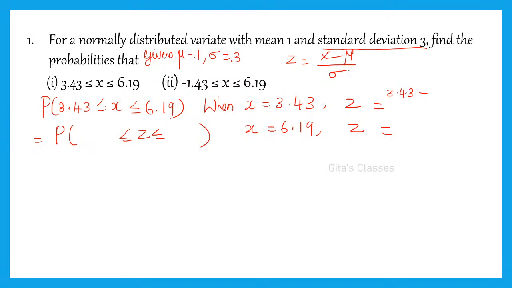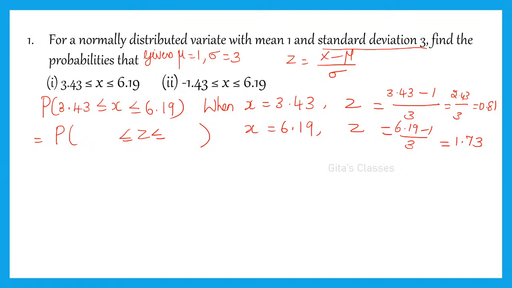So 3.43 minus mu value 1, divided by sigma 3. That is 2.43 divided by 3. What is the value? 0.81. Similarly, you can find for 6.19 minus 1 divided by 3. The value will become 1.73.